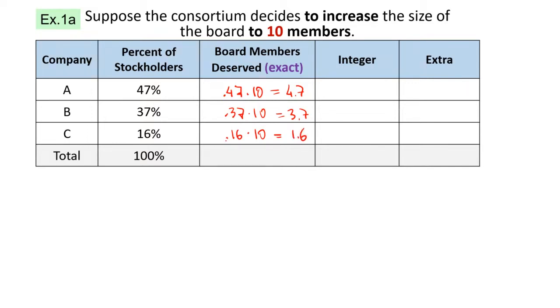When we multiply by 10, we move the decimal point 1 place to the right. Okay, now we assign the integer parts 4, 3, and 1.